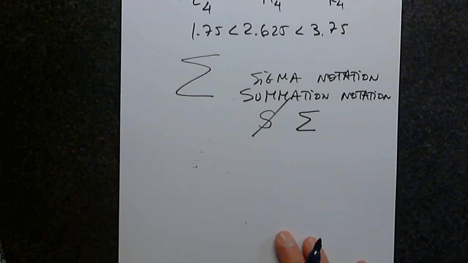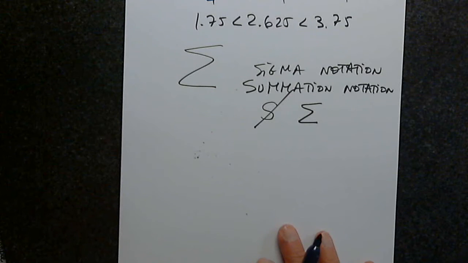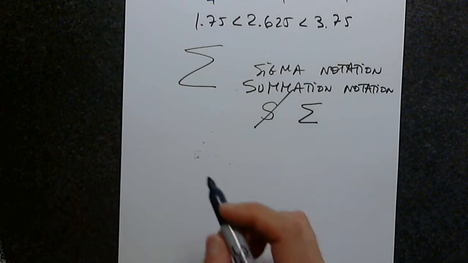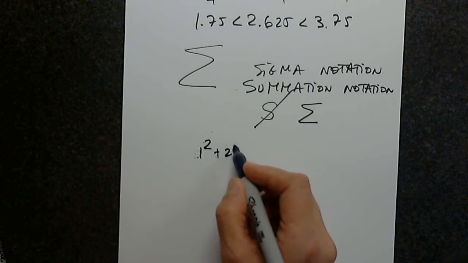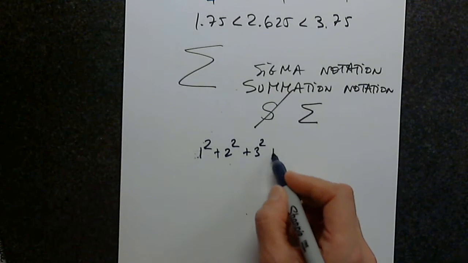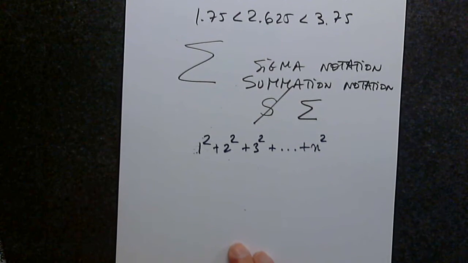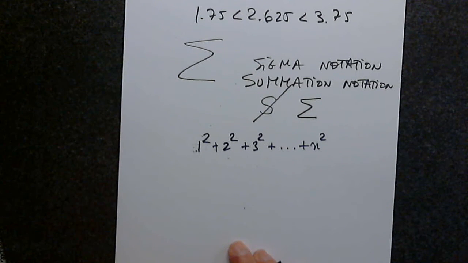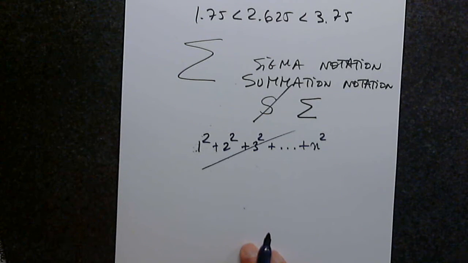So let's say I want to add 1 squared to 2 squared to 3 squared dot dot dot to n squared. I don't want to write it like this. It's too long.